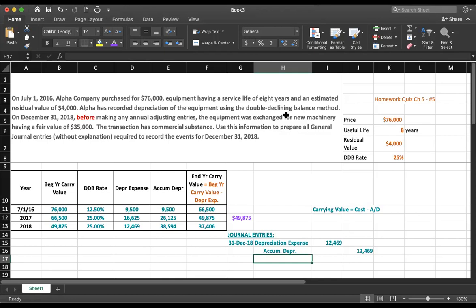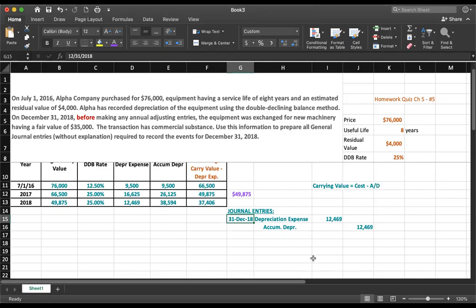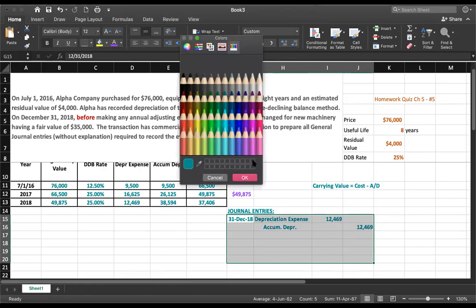If there's a loss, we always record the loss. But let's go back here and do a couple of computations.